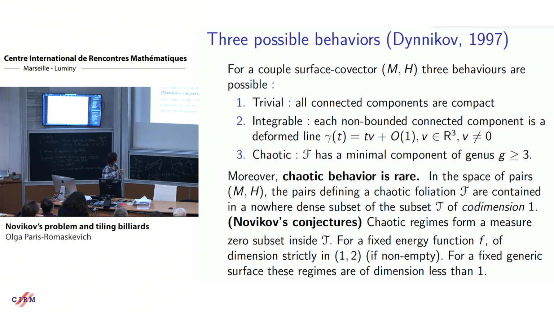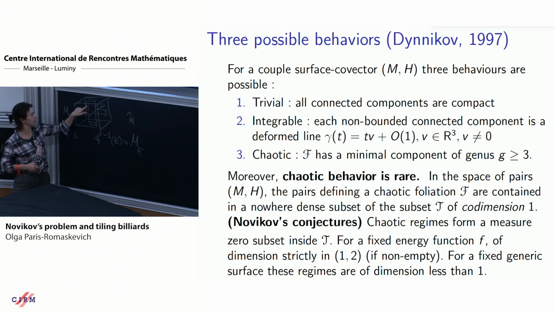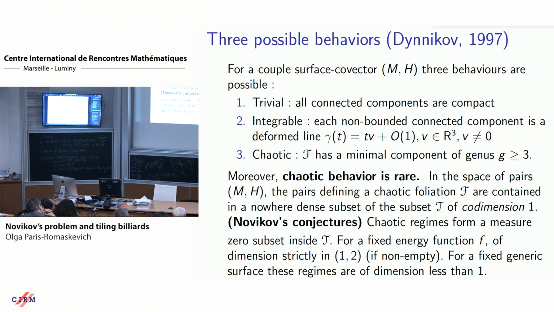So the first case is the following: if you fix your surface and you fix the direction of your cutting planes, the first behavior is trivial. All connected components, all the curves in the section, are trivial. For example, if I cut this surface with a horizontal plane, the intersections will be just many, many circles. Another case is called the integrable case.